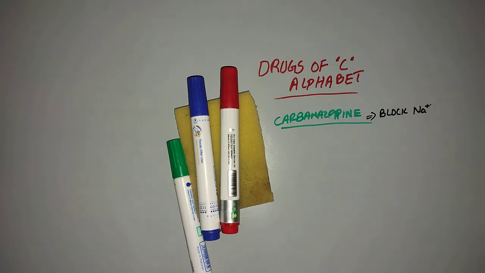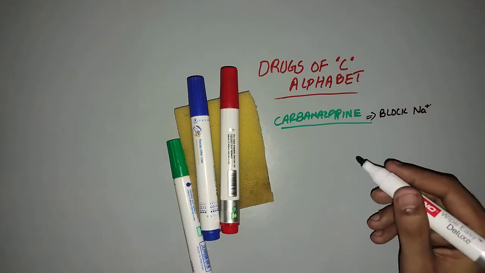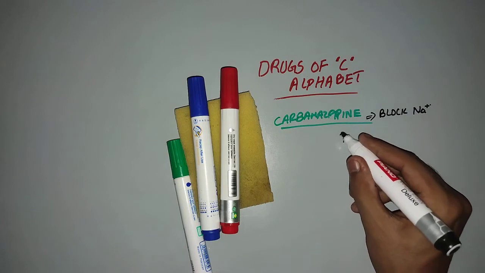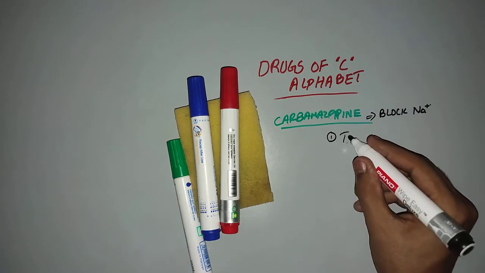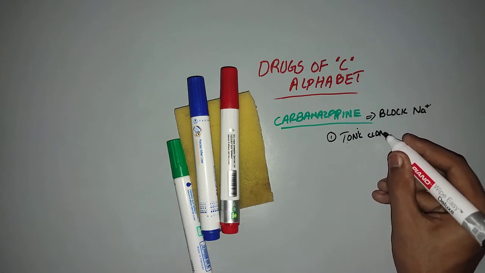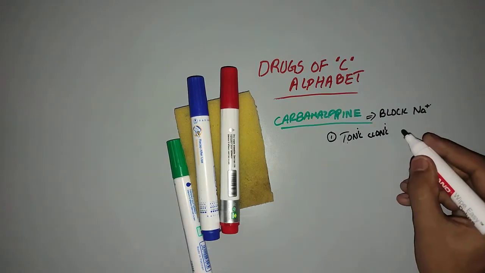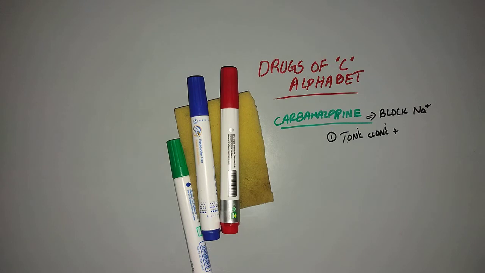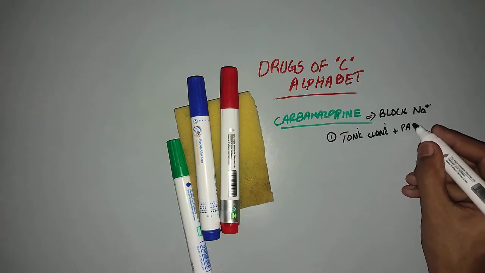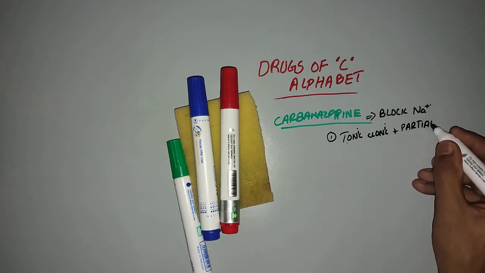And what are the clinical uses of carbamazepine? Carbamazepine is used in the treatment of tonic-clonic seizure, number one. Plus it is also used for the treatment of partial seizures.